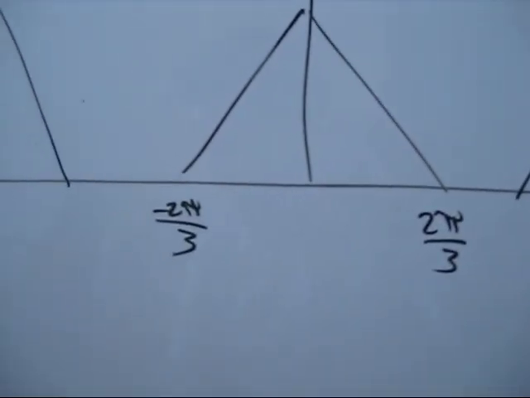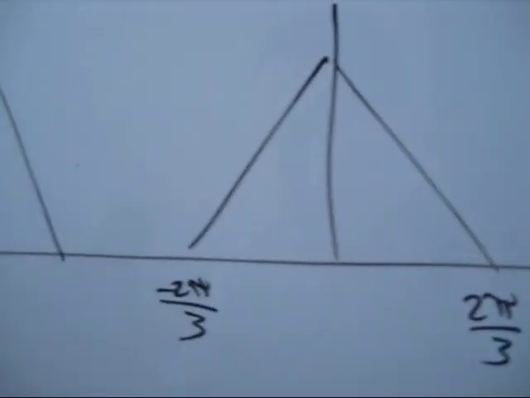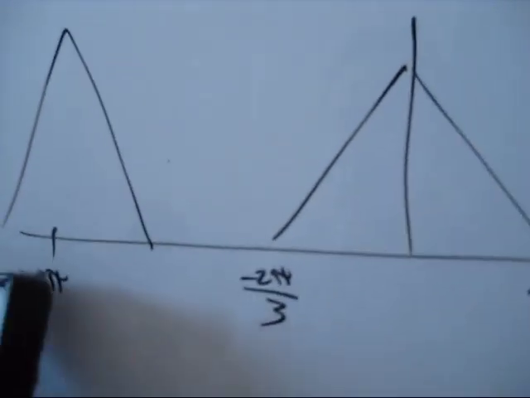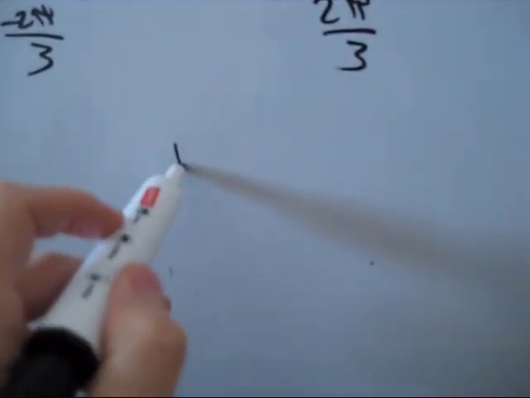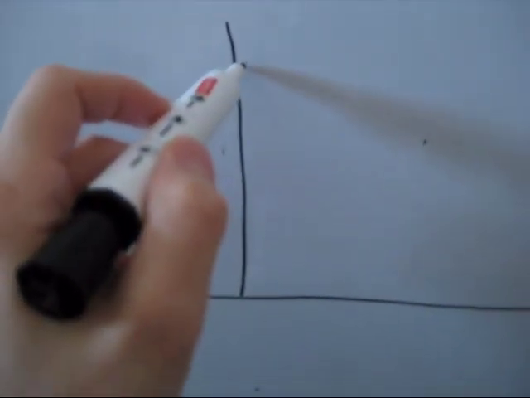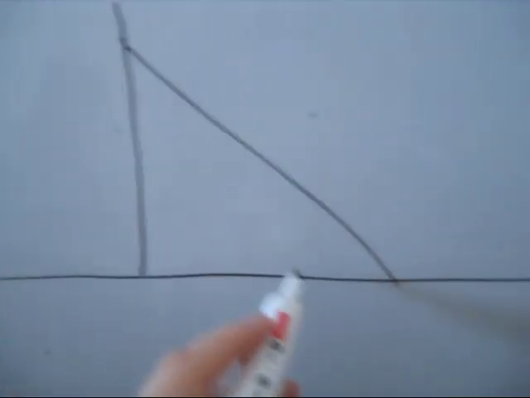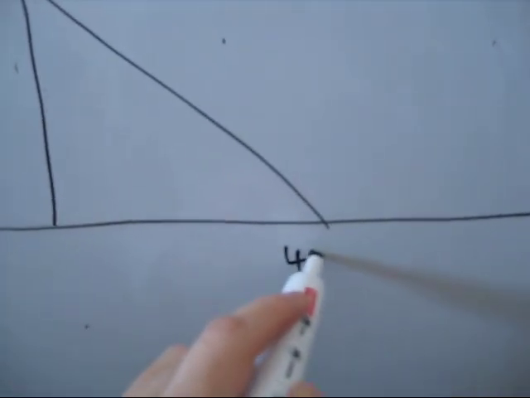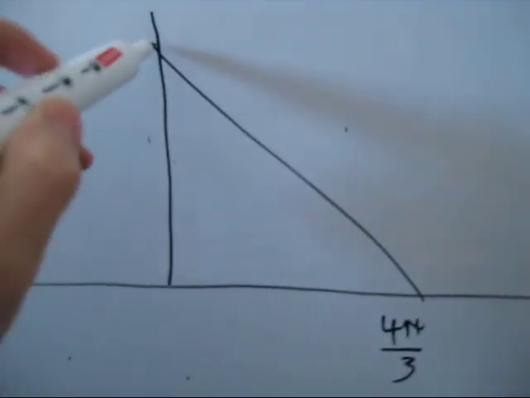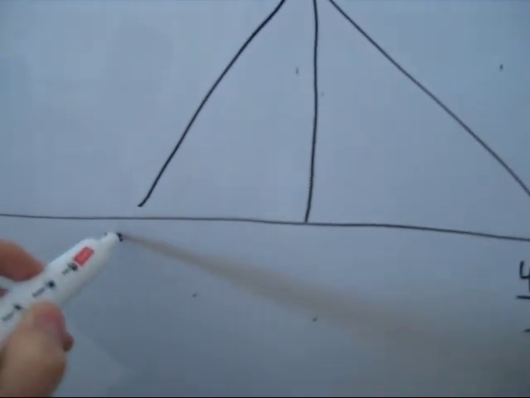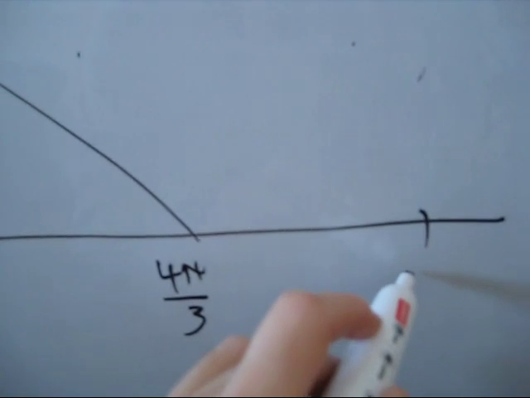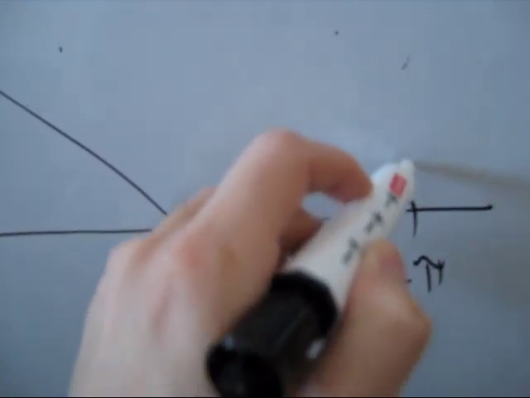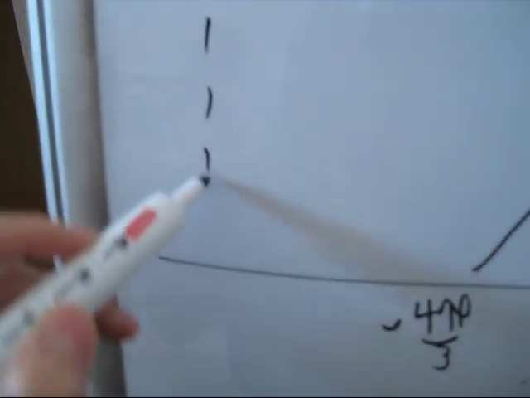But now we want to downsample this by m equals 2. So we're going to do the same thing as before. We're going to multiply everything by 2, right? So we'll redraw our graph there, and now this point here is going to be 4 pi over 3. This is 4 pi over 3 minus, and we'll say that that's 2 pi, which is our center there.